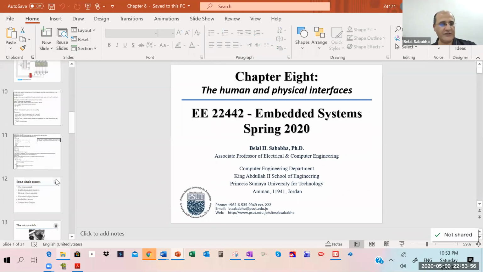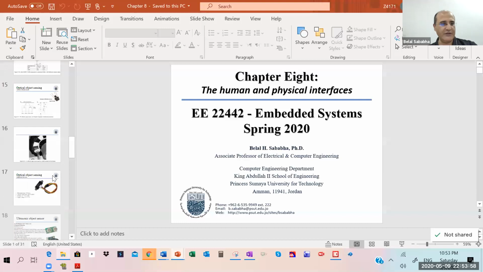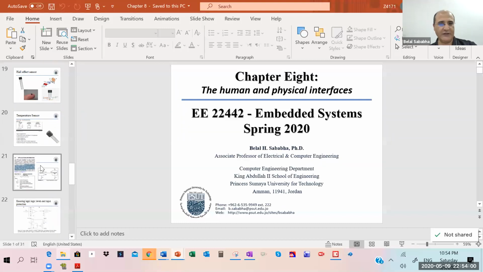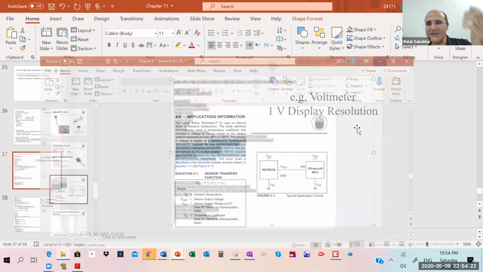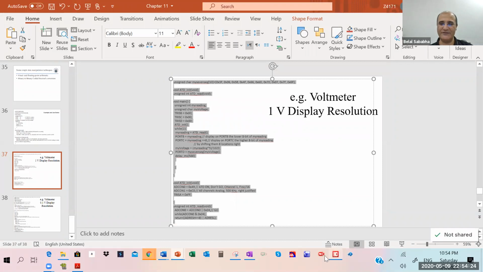When we talk about sensors, there's a place here, for example this temperature sensor. See, this is a snapshot from the temperature sensor data sheet, and it gives you an equation. If you have the voltage, you can compute the temperature. So all we care about now in this data acquisition is to get to know the voltage. Then we can convert it into a temperature, humidity, distance, into whatever. Okay?